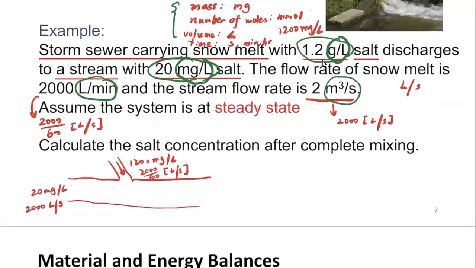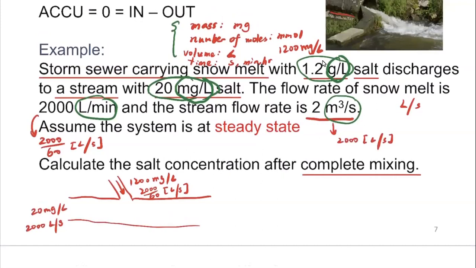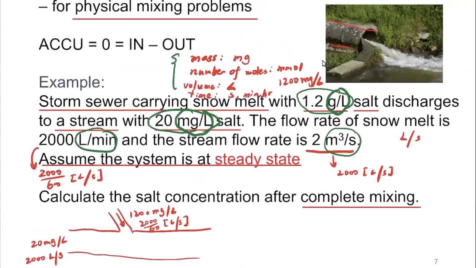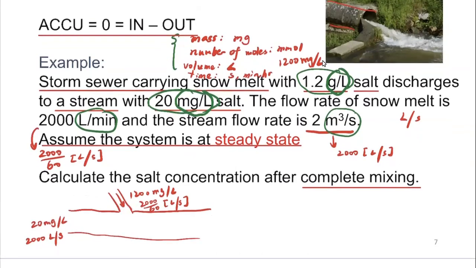This problem wants us to calculate the salt concentration after the complete mixing, and to assume that the system is at steady state. If it's at steady state, then we can use this equation where accumulation is equal to 0. That's in minus out, and there's no reaction of the salt. So basically, in equals out.